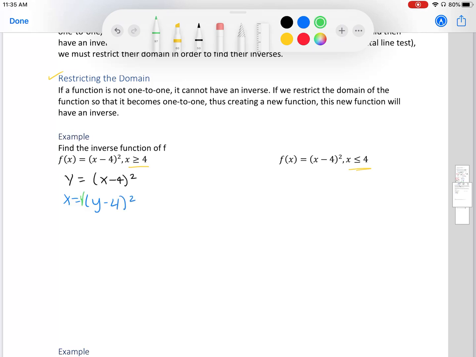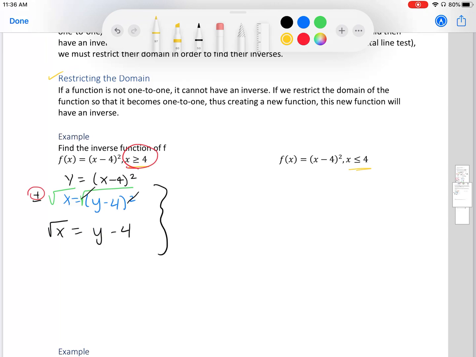Let's take the square root of both sides so that the square and square root are gone, and now we have to consider plus or minus. Here is where that restriction comes along, because we want those greater than 4, we only want the positive, not the negative. So I have positive square root of x is equal to y minus 4.